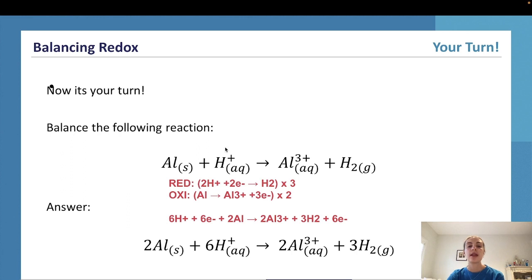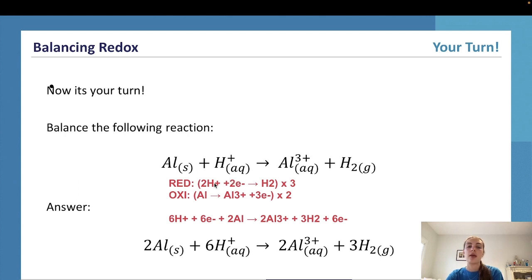So we can see that aluminium is losing 3 electrons, so it's being oxidized, whilst the hydrogen is gaining 1 electron per hydrogen, so it's being reduced.